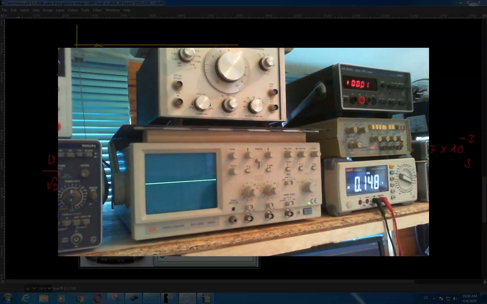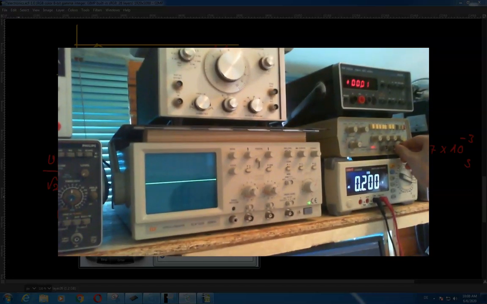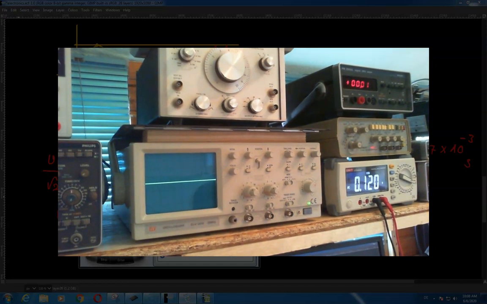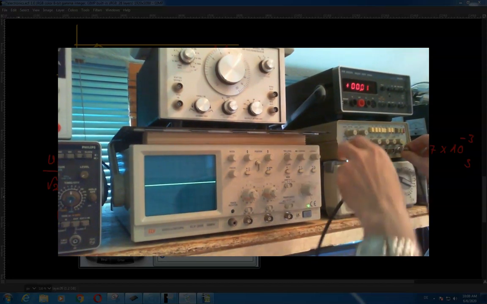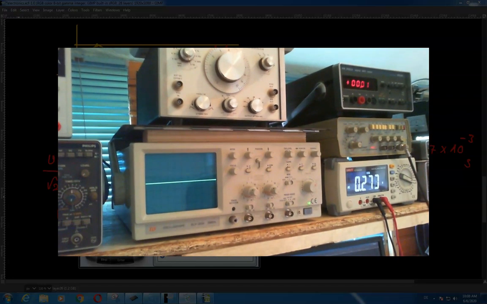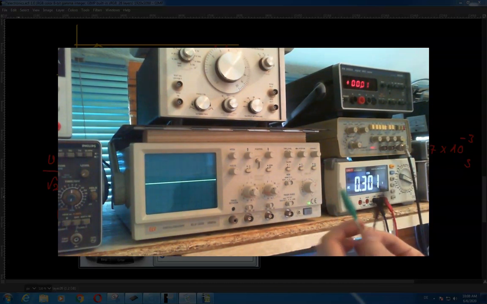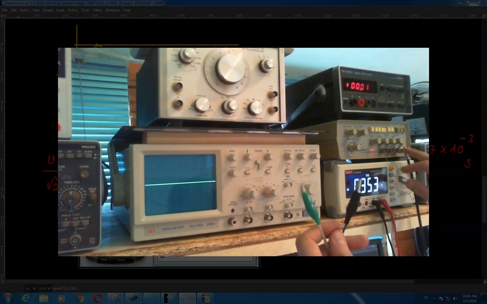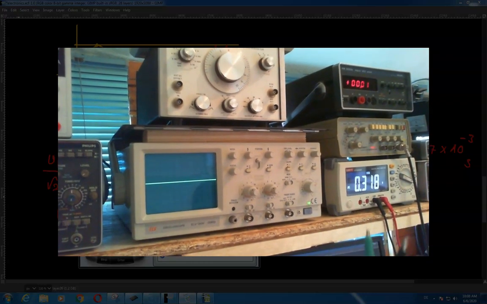So over here, I connect the output of the signal generator to this, suppose that this is the output of my signal generator, right? I connected these two alligator clips to this BNC over here, right?